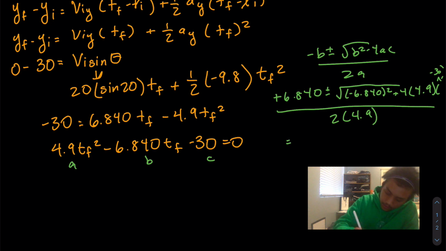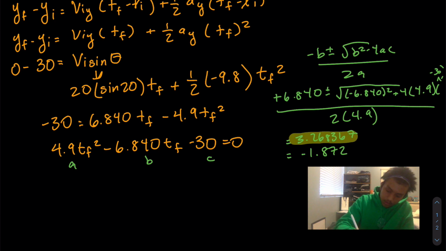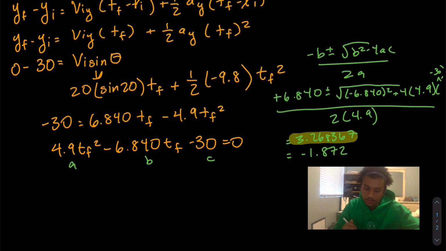So you end up getting two answers: 3.268367 and negative 1.872. Since you can't have a negative time, you'll just work with this one. After that, you can plug this into an x-focused kinematic equation.